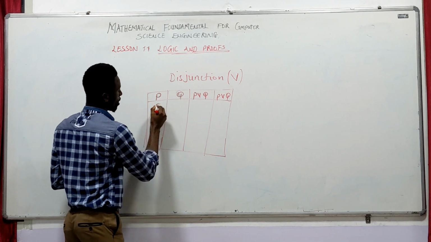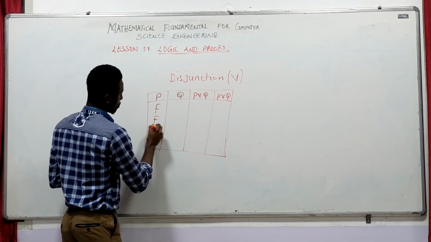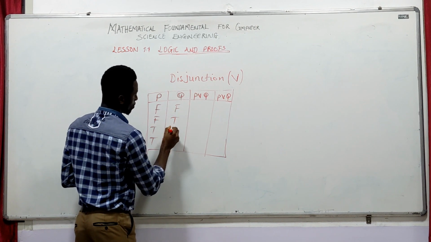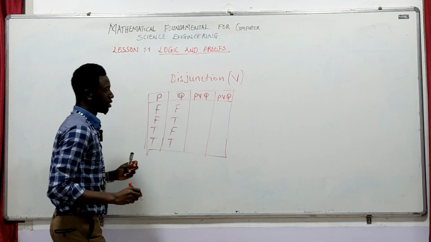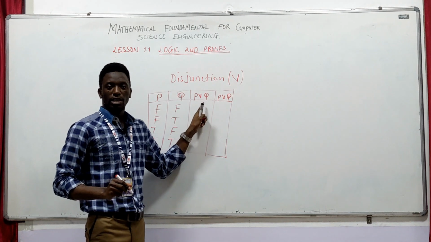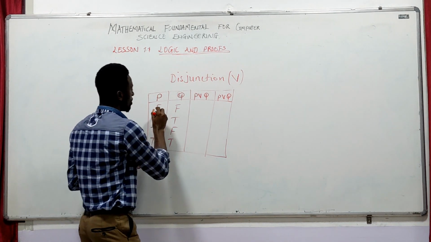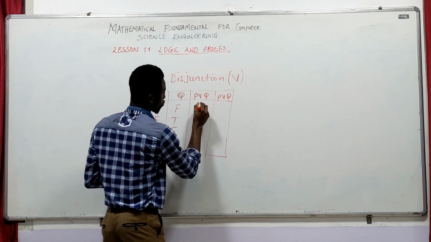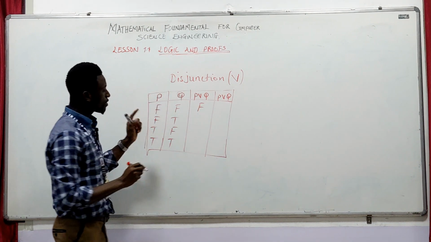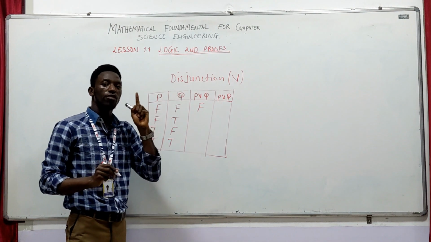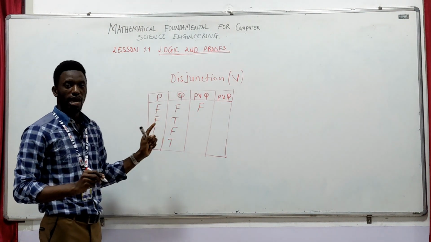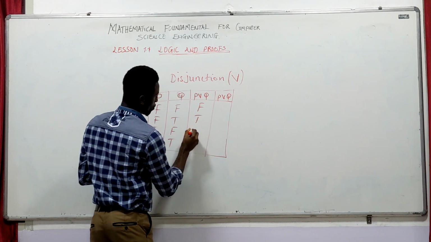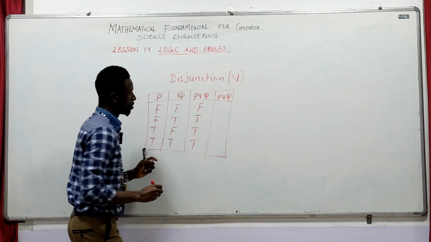We have here false, false, true, true, false, true, false, true. So for inclusive OR, since both are false, then it's false here. But if and only if one of the statements is true, then it's true. So this now becomes true, true, true.